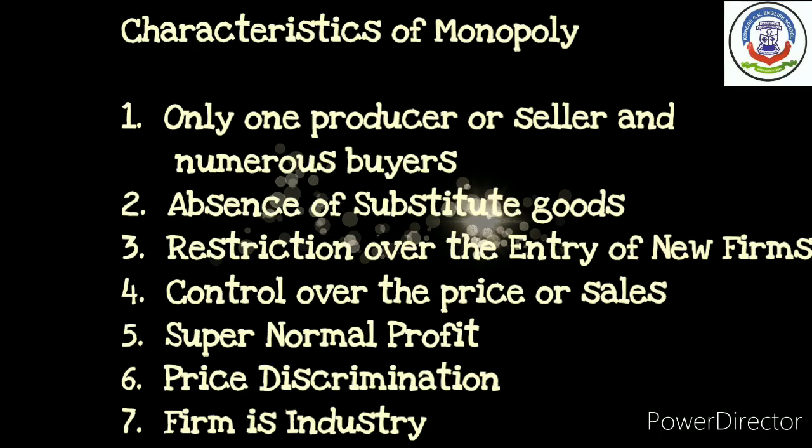Second characteristic: absence of substitute commodities. There is absence of goods, or no close substitute of goods is available in the market, which is produced by the monopolist. If there are no substitutes at all, it can be called pure monopoly, which is almost non-existent.